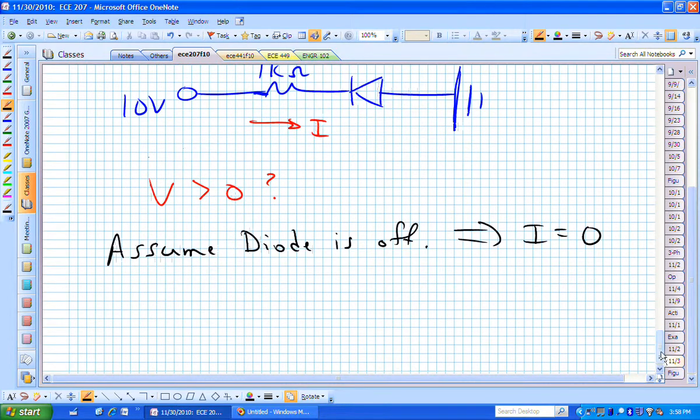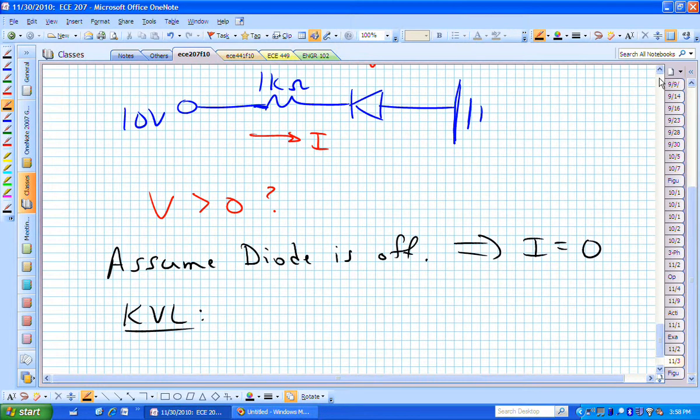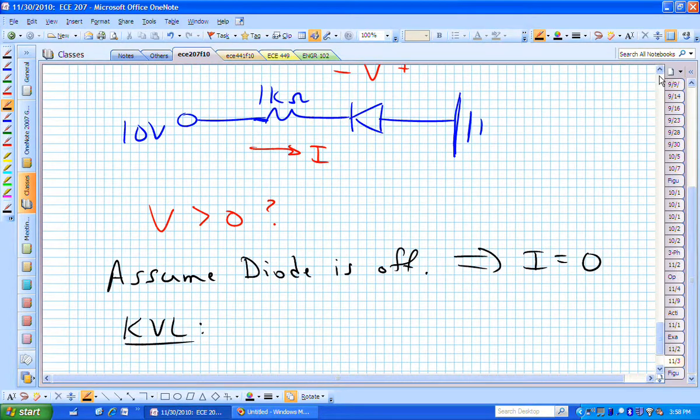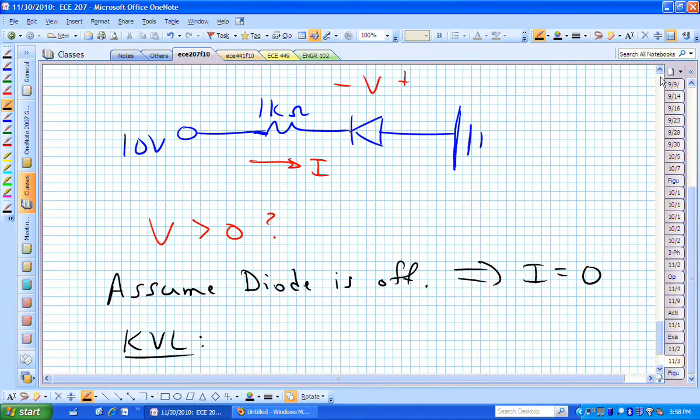If the diode is off, what can we say about a KVL relationship? How would we write the KVL equation using those variables that we now have identified in this circuit? If I start on the left, again, this is equivalent, and if you don't like the way that it's drawn, draw it in a way that makes you feel comfortable.